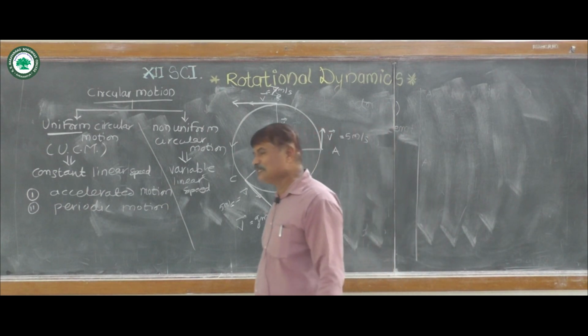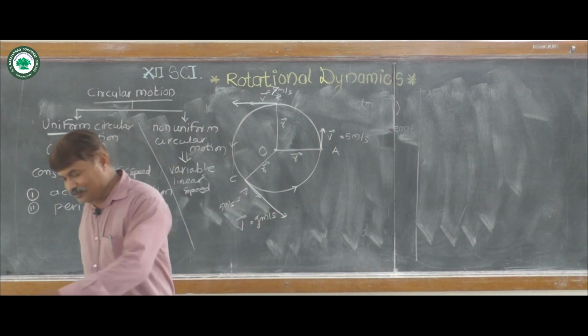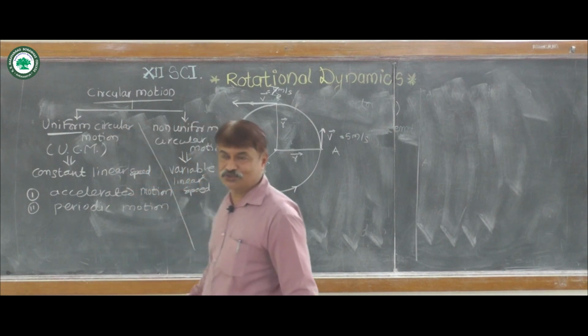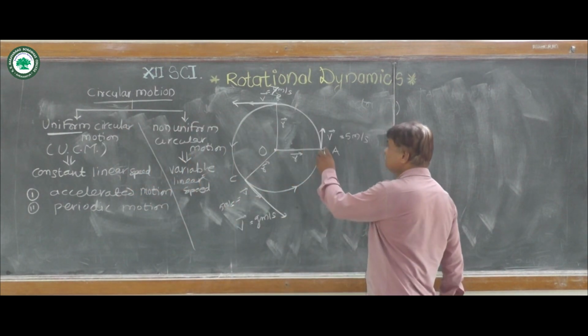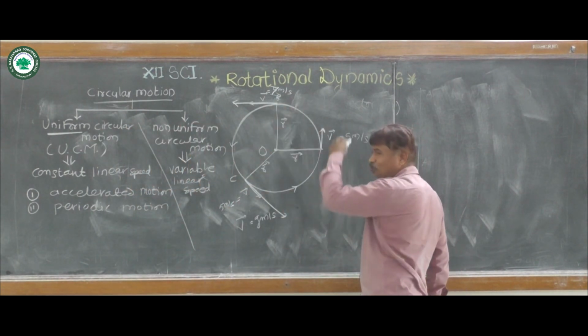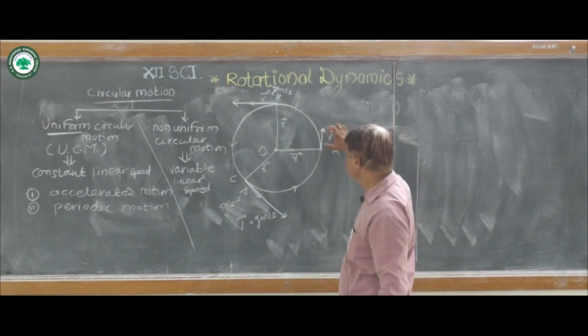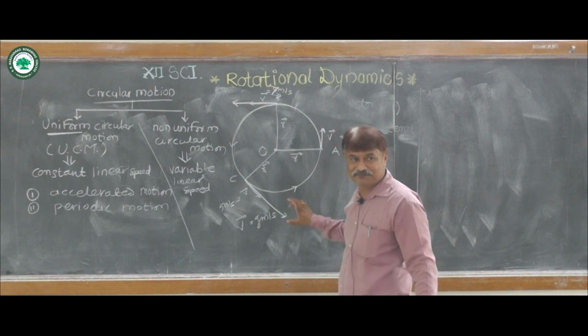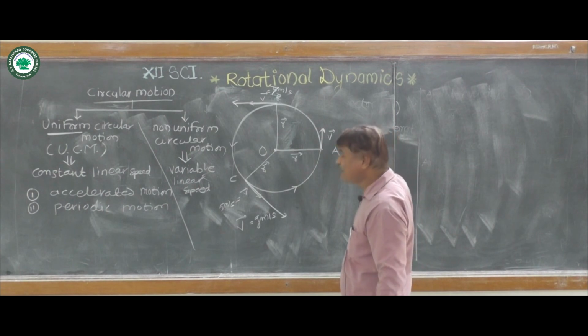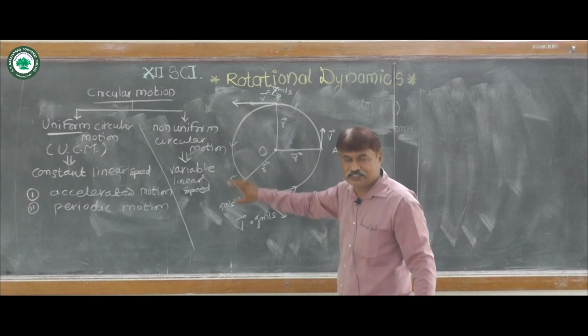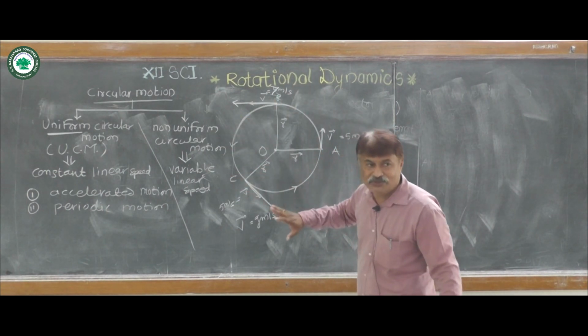Now we have to characterize the non-uniform circular motion. In that case, the magnitude of linear speed continuously goes on changing. Also linear velocity continuously changes in magnitude and in direction.